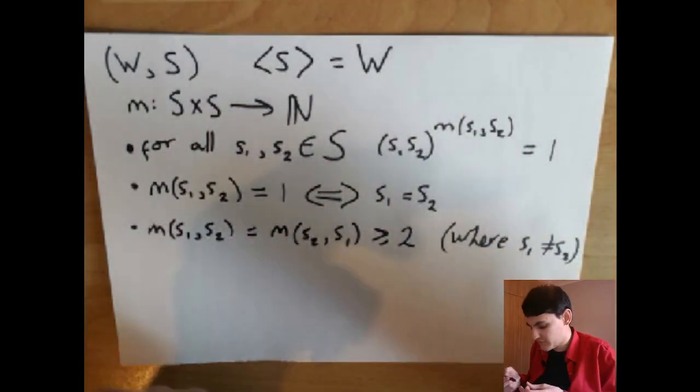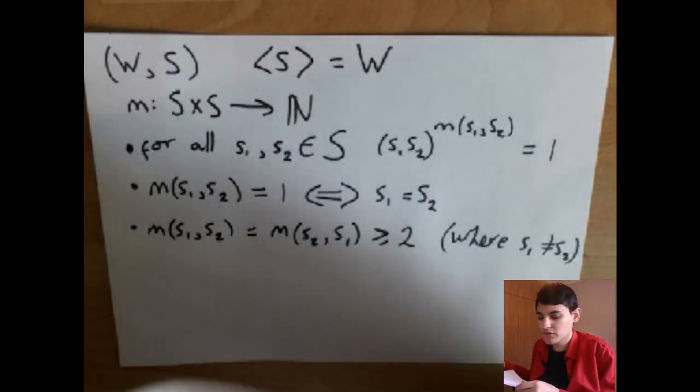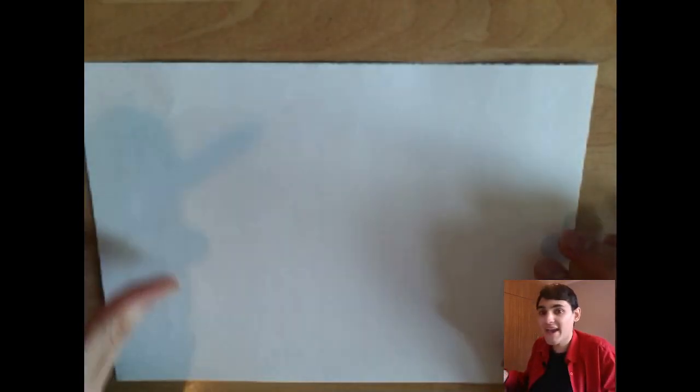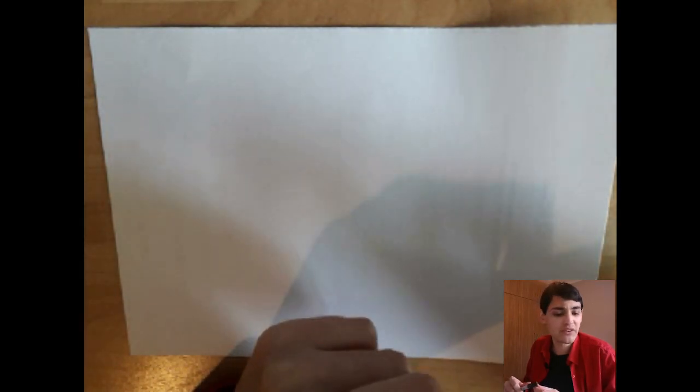Now I'd like to define a length function on a Coxeter group, because that way we'll be able to compare different elements in W. I would say that the most natural way to define the length of an element is through its minimal decomposition, which I believe we did discuss in episode 0. So let's go ahead and define that.